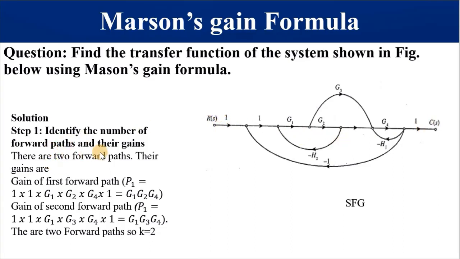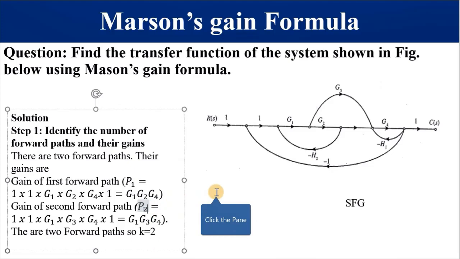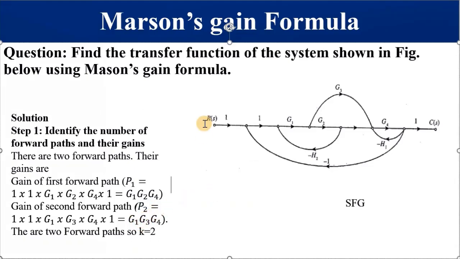So we are saying there are 2 forward paths and their gains are as follows. This is 1 times G1 times G2 times G4 times 1. We are done. This 1 and 1 give us 1, so we can leave them. So it is G1, G2 and G4. Then the gain of the second path. This is our second path.